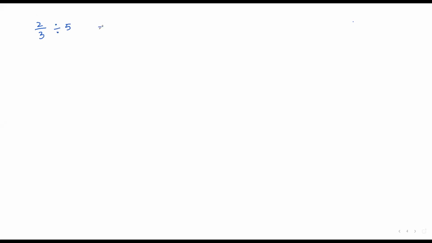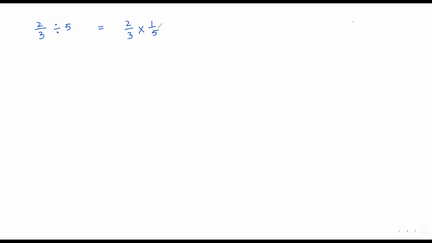So one method can be this, that I directly change the division sign into multiplication and the divisor will become reciprocal. So it will be 2 by 3 into 1 by 5. So this division has changed into multiplication. Understood? Lakshita? Yes, Lakshita.